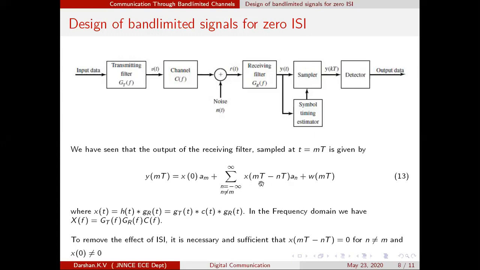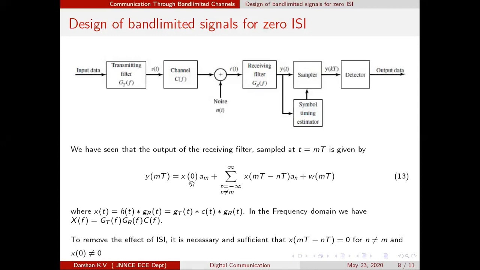What is this x of mt minus nt? The sample values of x of t. So these sample values should be made 0. Then how to make the sample value 0? Before directly making 0, observe this over here, x of 0. What is x of 0? This is also a sample value of x of t, but this is the sample number 0.